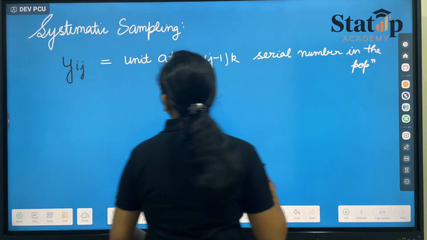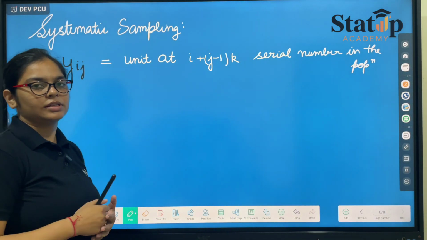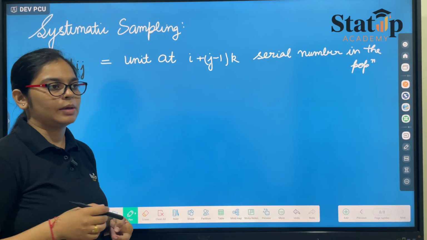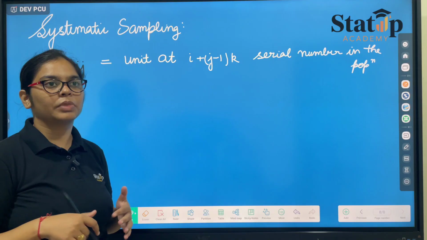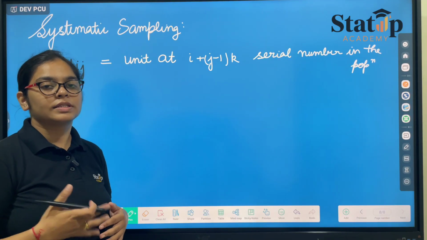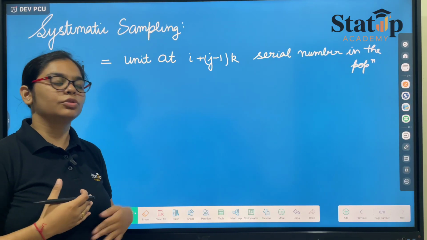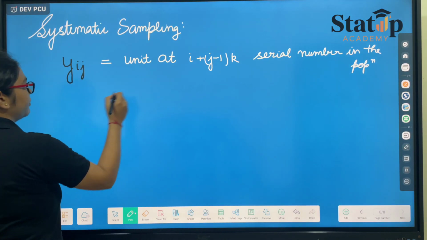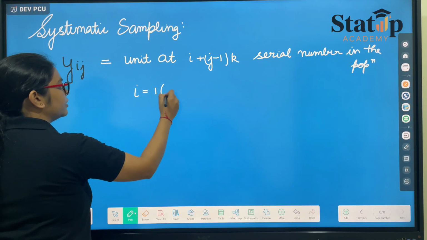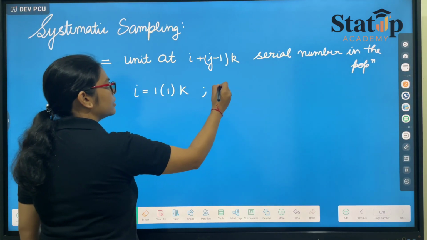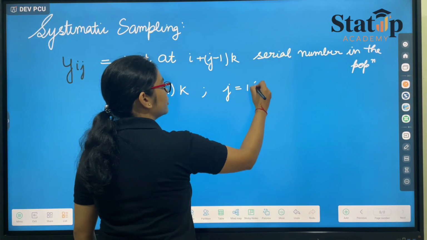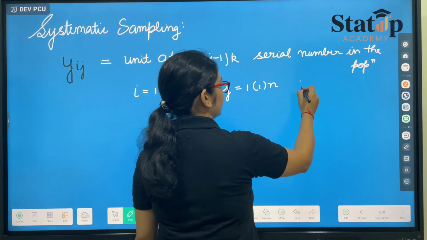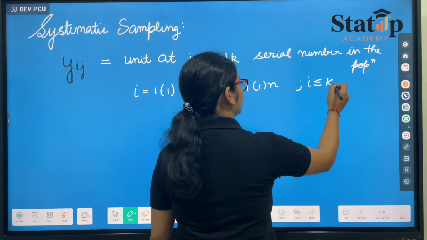This unit Yij is the i plus j minus 1 into kth unit in the population, which is taken from the sample. So we had done the outline of the systematic sampling. From that chart you can correlate where this will come. And let us say i goes from 1 to k and j goes from 1 to small n, and i is always less than or equal to k.